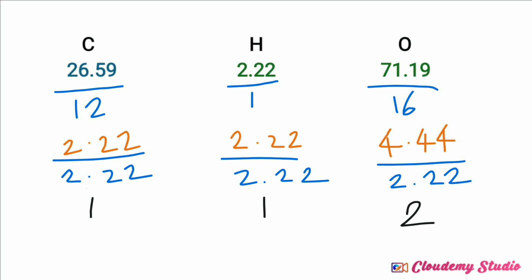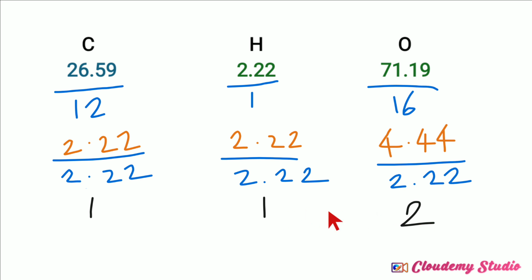So now we have got the simplest ratio of carbon, hydrogen and oxygen. The simplest ratio now we have got is carbon 1 time, hydrogen 1 time, oxygen 2 times.